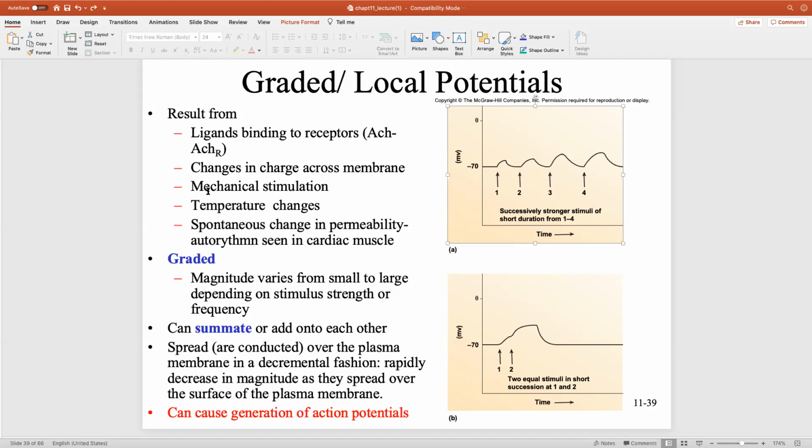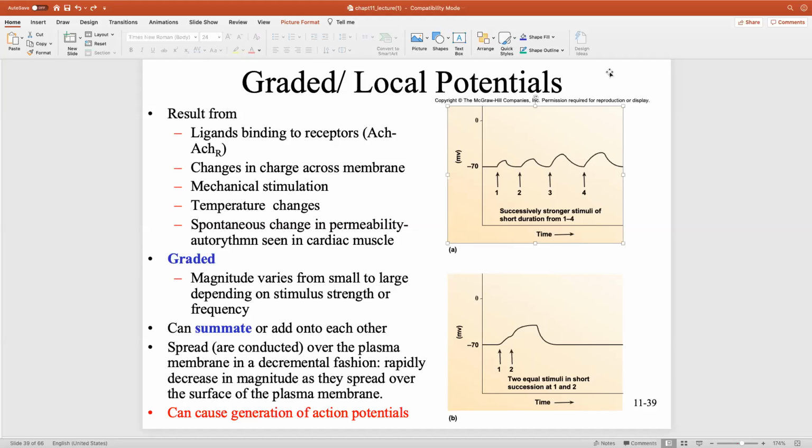A much stronger stretch of the stomach will then trigger more action potentials sent to the hypothalamus, and it will then activate your satiety center. So graded means that depending on the stimulus strength, you can either hit threshold if it's strong enough, or if it's not strong enough, salad for dinner, you might not.